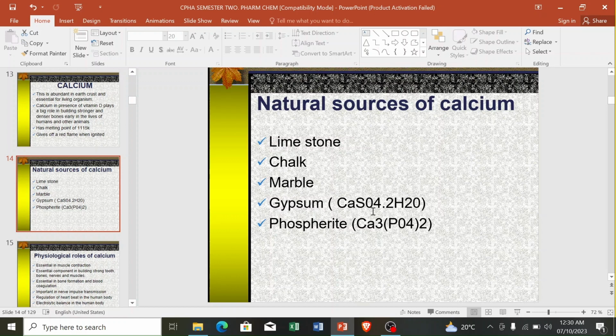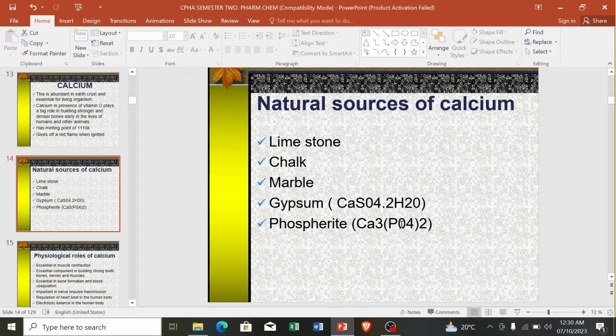So this is a chemical symbol. We can say this is hydrated calcium sulfate having two molecules of water of hydration. And then this is our calcium phosphate. We know that phosphate has a valency of 3, that's why we are having 3 here, and calcium has a valency of 2, and that 2 goes to this other side.